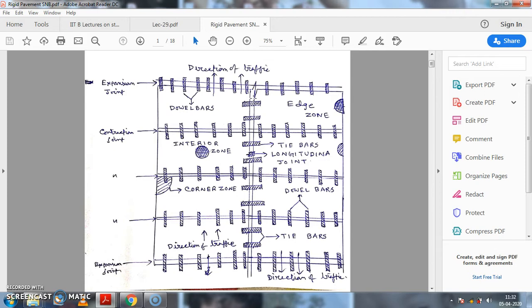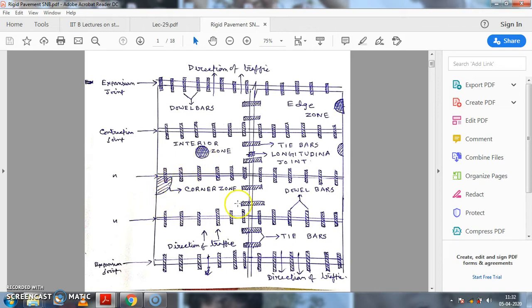Clear? Now, as Westergaard said in his theory, mainly three zones are very important to describe the functionality of a rigid pavement, that is interior zone, edge zone and corner zone. This zone, corner zone.